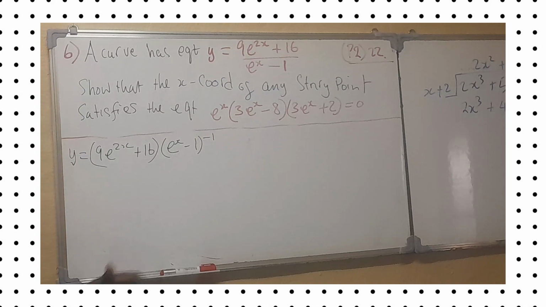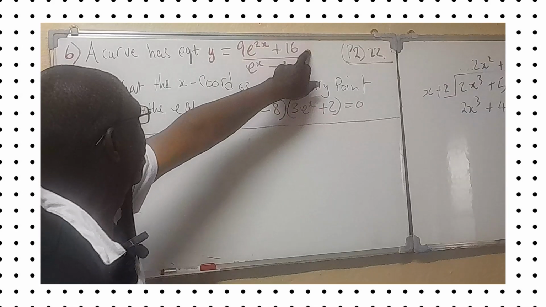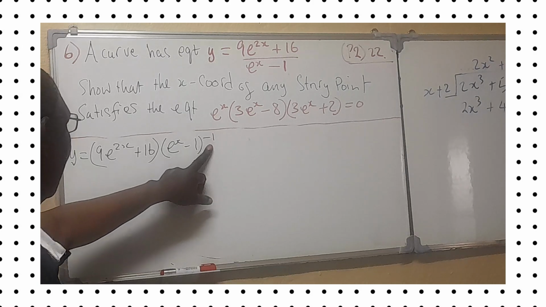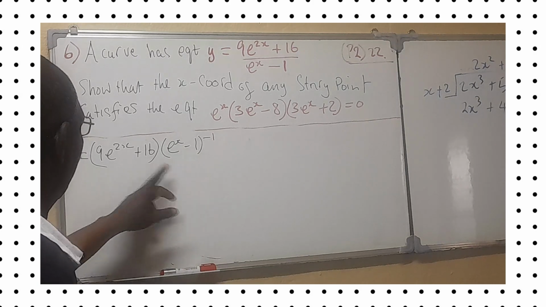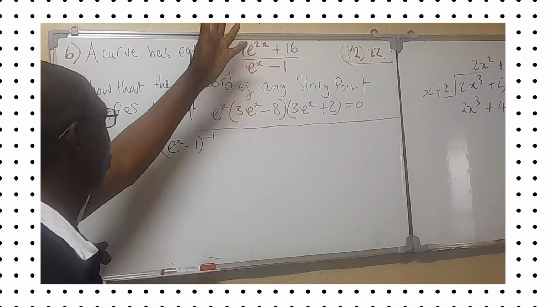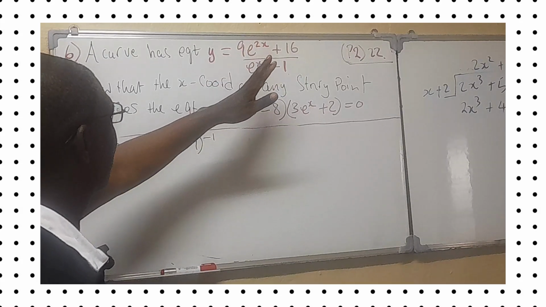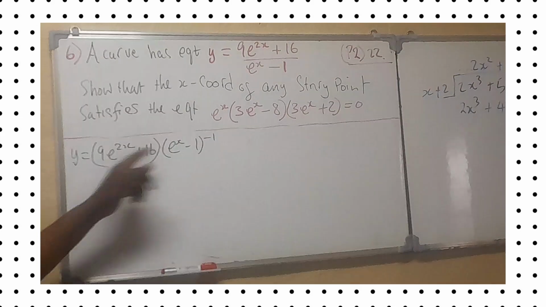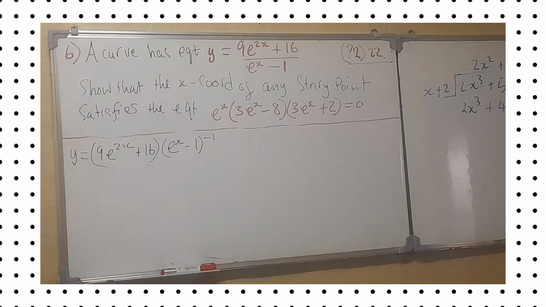I've just brought this upstairs and the power becomes minus 1. Why do I do that? Well, I find it nice and easy to use the product rule because as it is, you may have to use the quotient rule. Not a problem, but I like the product rule. So that's why I write it like this so that it becomes a product.